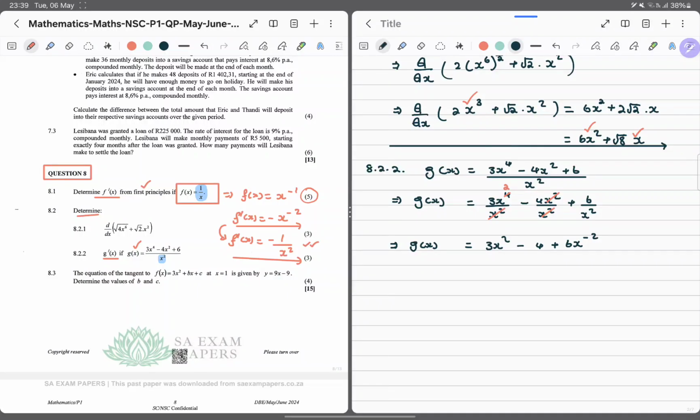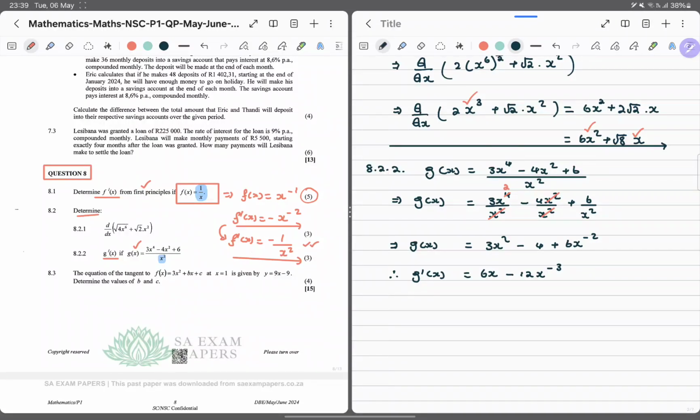Now we are ready to differentiate. We can now start saying, therefore, g prime x is going to be, using the power rule, we get 6x. Now the derivative of a constant is 0, so it's out. So we'll get minus 12x to the minus 3.